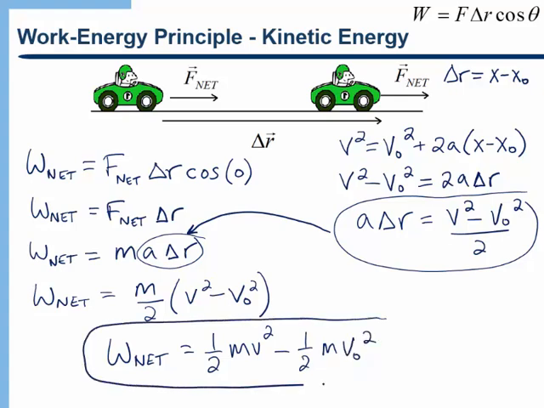And that's where we wanted to get to. So think about what we've just found. We found that the net work is equal to something that's changing. Notice here's our final value and our initial value. So in fact, we define kinetic energy as 1/2 m v squared, and we can see that when we have net work done on an object, the net work is equal to the change in kinetic energy of the object.